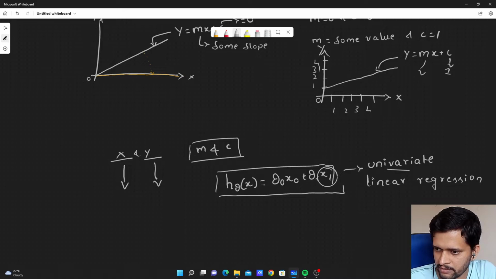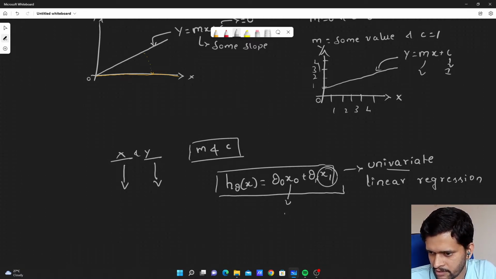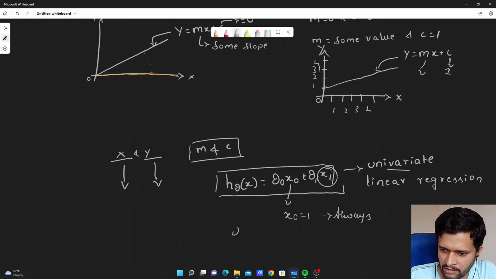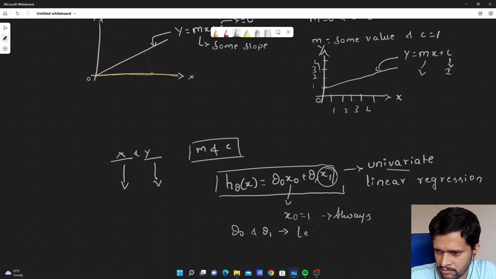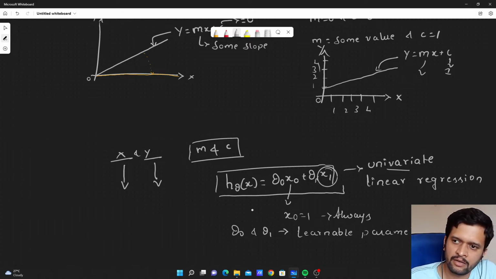This x0 is there to make the mathematics easier in order to solve the equation; we treat x0 as 1 always. Theta 0 and theta 1 are called learnable parameters. These are the parameters we have to learn, based on the values that we have for x and y.